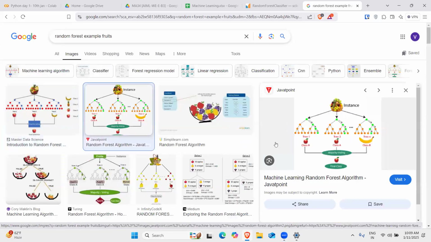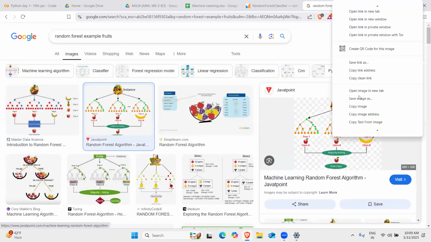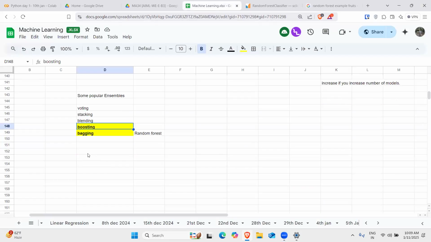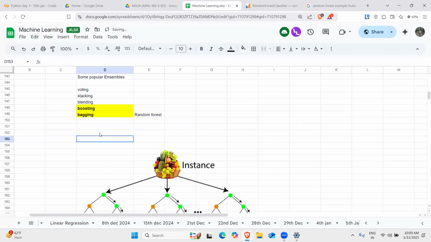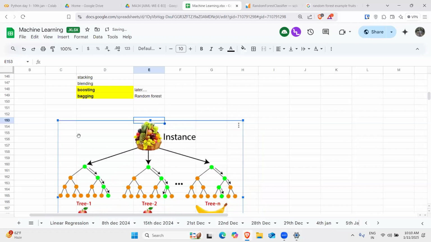So let me take this and paste it over here. As I told you, boosting is something we are going to see later. Bagging is something we are going to discuss now because we are discussing random forest.